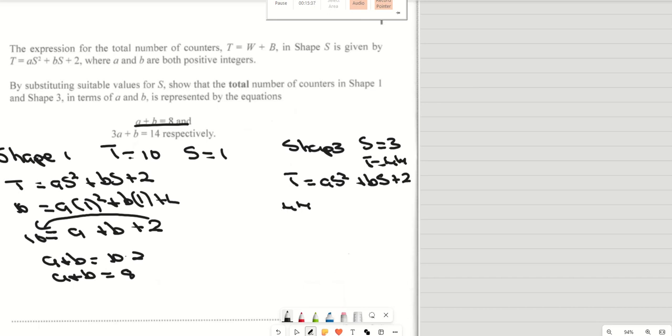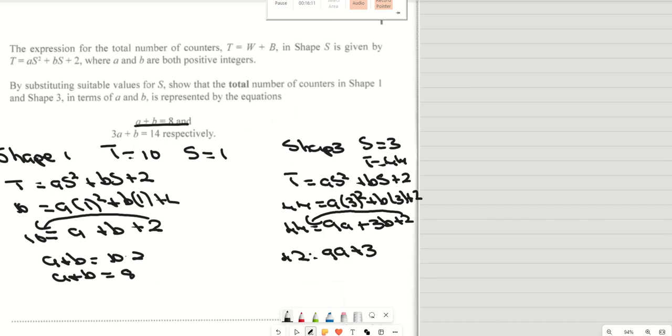So that's 44 is equal to 9A, because 3 3s are 9, plus 3B plus 2. You carry across that 2 there, that's 44 minus 2 is 42. So you know that 42 is equal to 9A plus 3B.